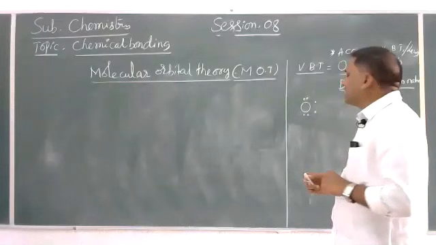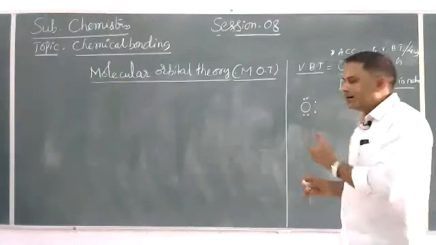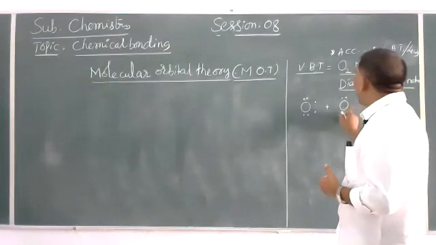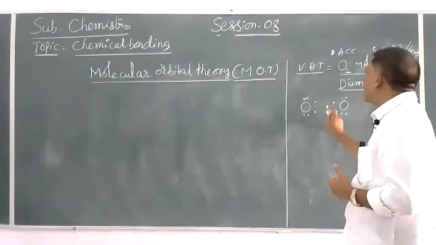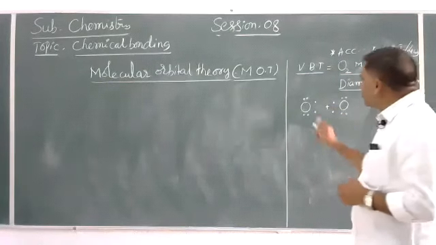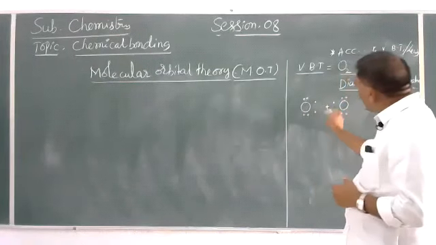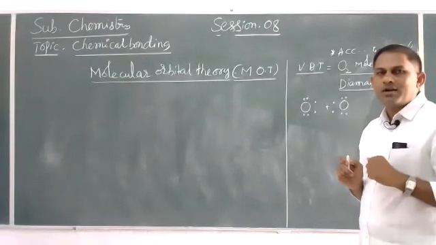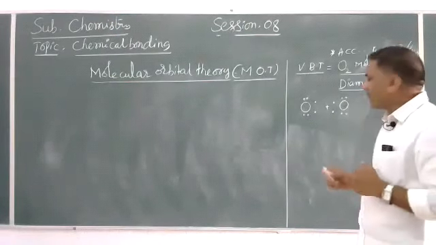Each oxygen atom has 6 valence electrons, so these two are unpaired. By mutual contribution and mutual sharing, we get covalent bonds: one is a sigma covalent bond and one is a pi covalent bond.